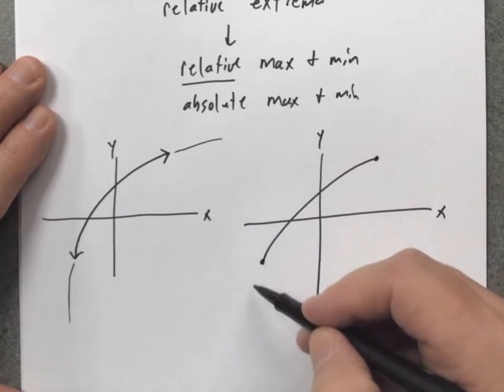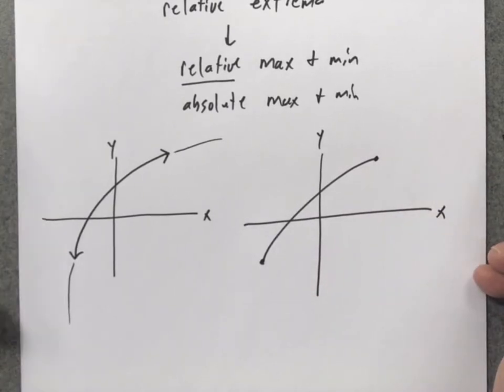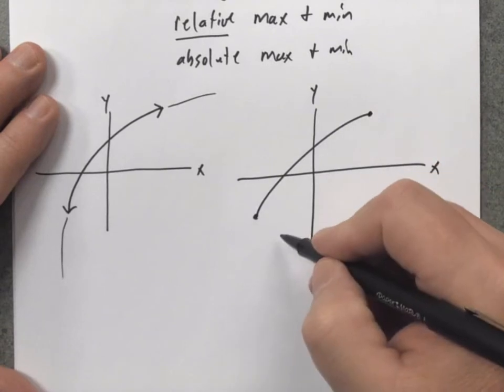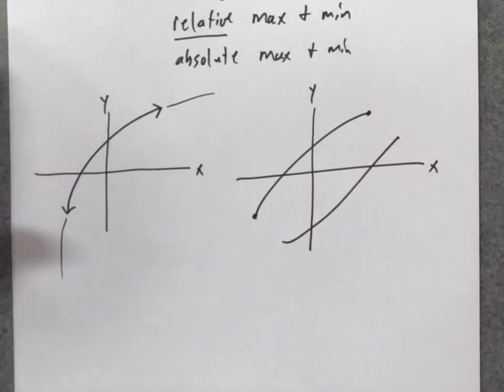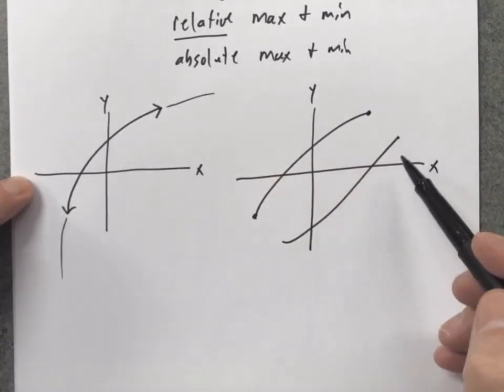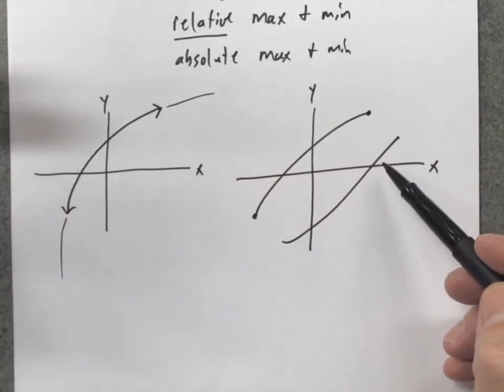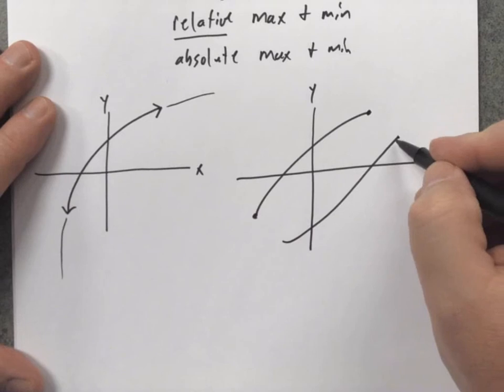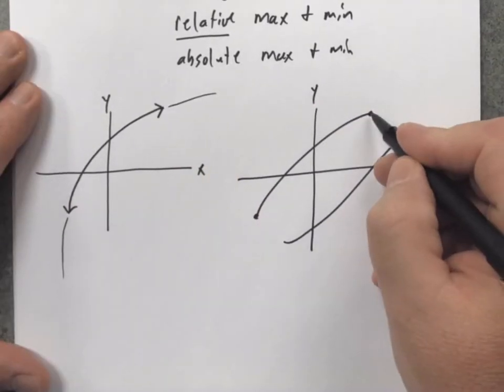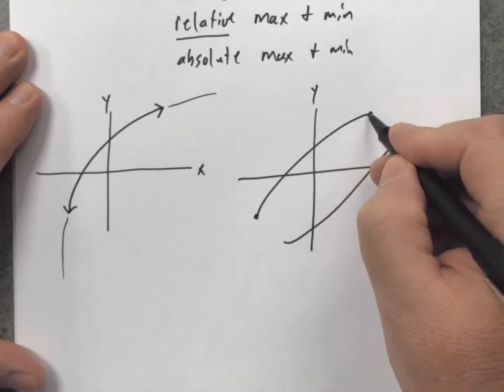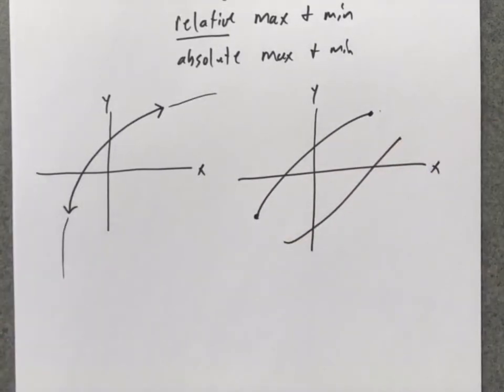It does not keep going on. The problem is sometimes, even when I draw a quick graph in class, I may just go like this, and I don't put arrows or dots. Typically, if it's like this, usually it means it goes on, and we just don't put the arrows down. Usually, if they want the graph to stop, you see definite dots here at the end. So that's the first thing.